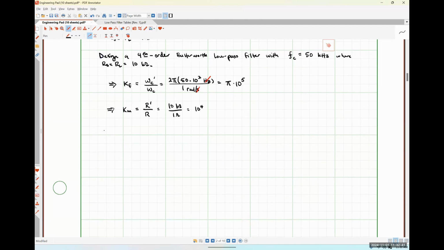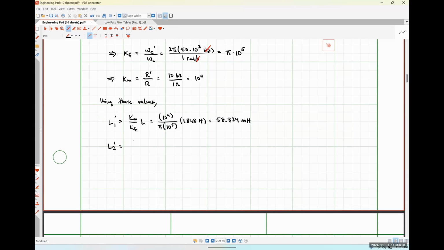And so using these values, we could say that our inductance L1 prime, so our magnitude and frequency scaled value, would be Km over Kf times L. So that's going to look like 10 to the 4 over pi times 10 to the 5 times 1.848 henries gives us 58.824 millihenries.